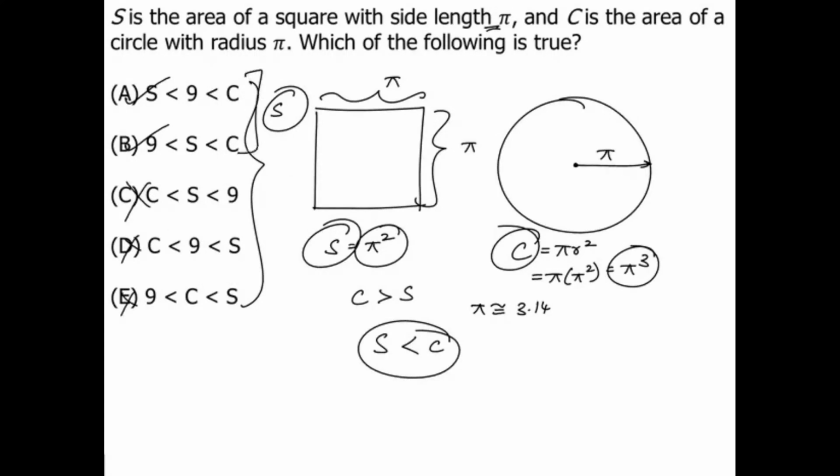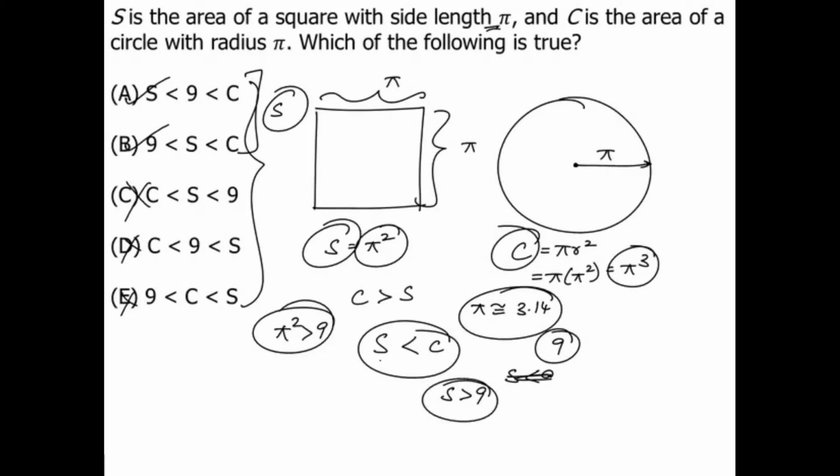So it's really between these two, and they're asking you to compare it to 9. So pi is more than 3.14, so pi squared is going to be greater than 9. So we know that S is greater than 9. So here our inequality becomes S is greater than 9 and C is greater than S. And if you look at the answer choices, that matches with choice B.